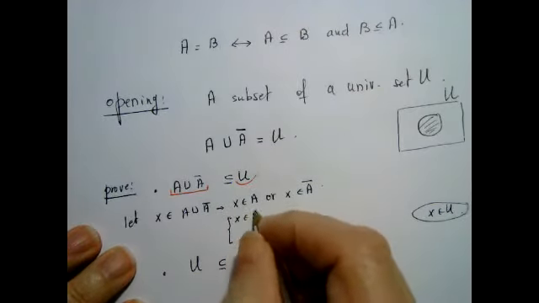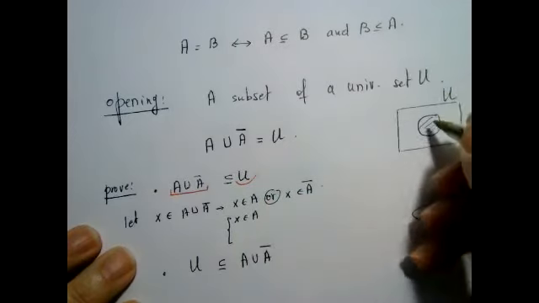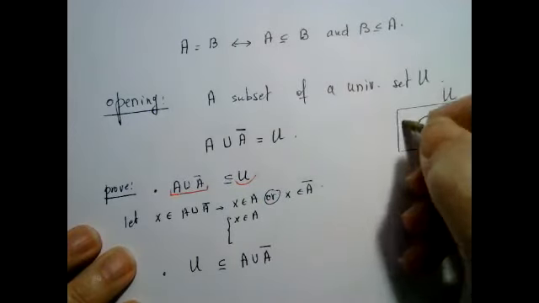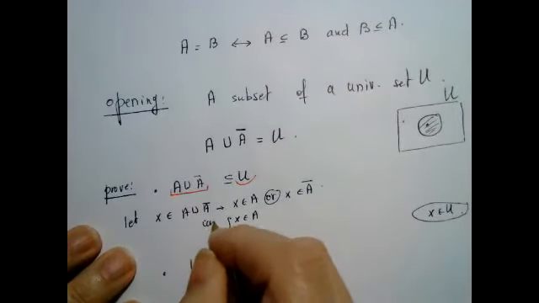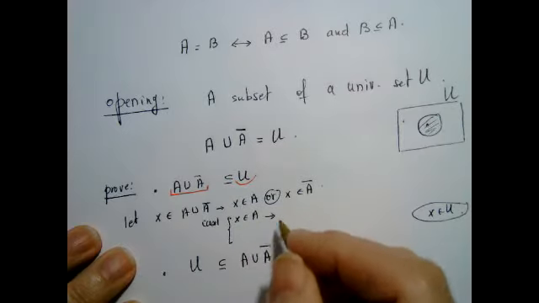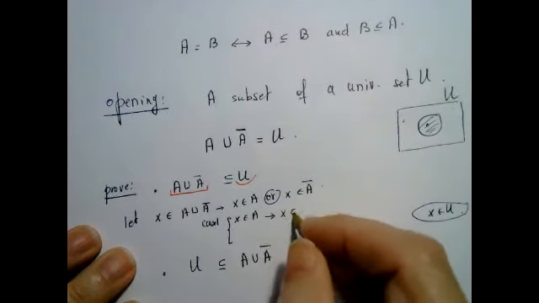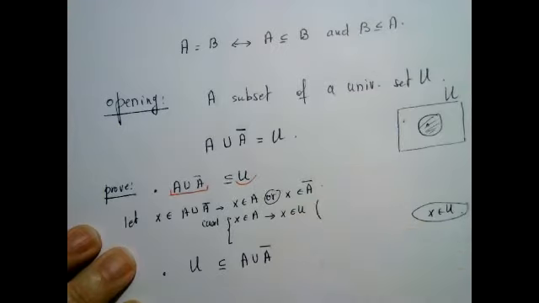Okay, but so we have the two cases. Suppose X is in A, because I have an or, so my X is either here or here. So case one, if X is in A, then X is in U. Why? Come on, guys, answer so we can do a lot of problems. Why, if it's in A, does it necessarily have to be in U?